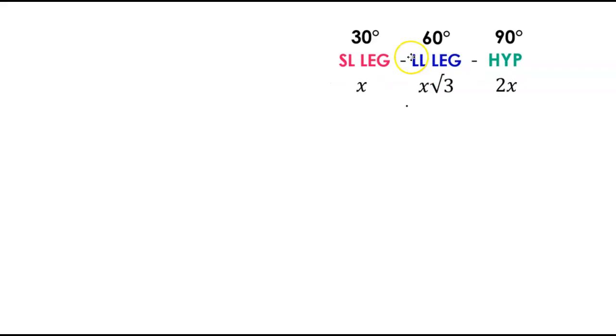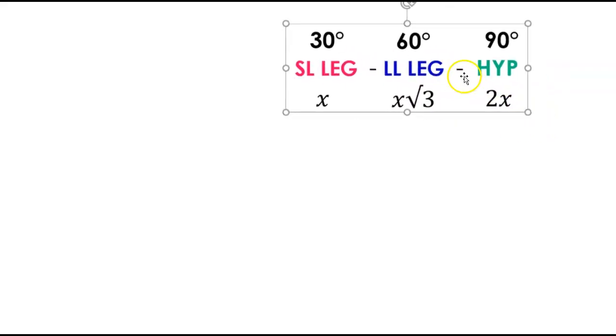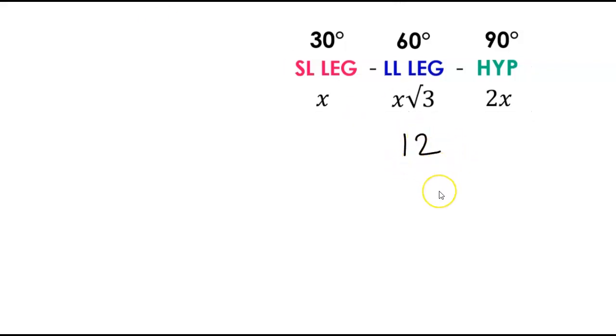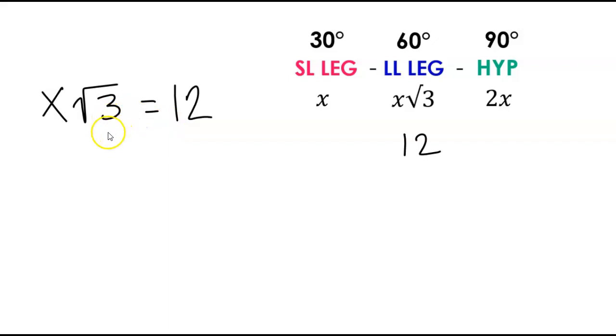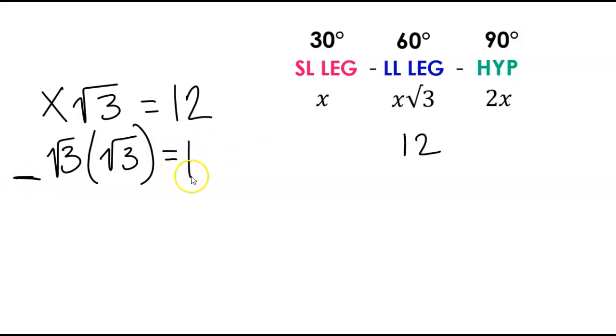The same thing would go for the ratios of the 30, 60, 90. Let me grab those real quick. Let's say that they give us the length of the long leg and it is 12. That means that x square root of 3 equals 12. So if we had a square root of 3 and it turned into a 12, it got rid of the square root, so we're going to have another square root of 3 here.